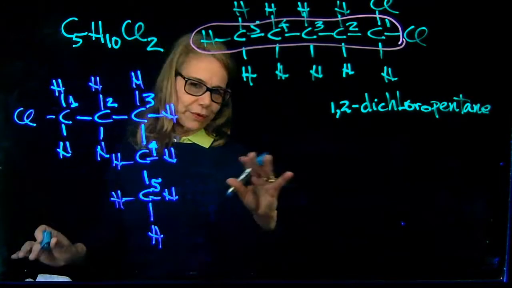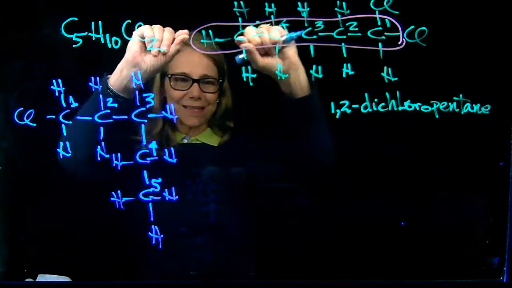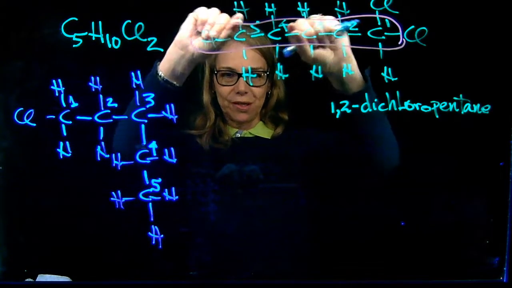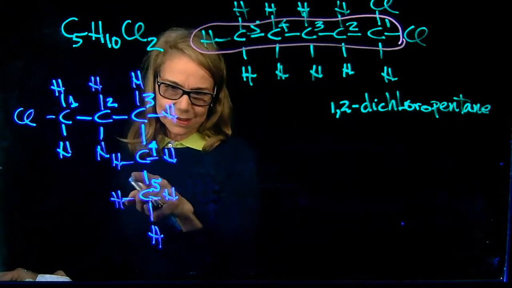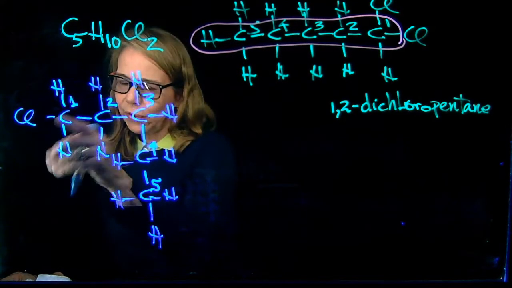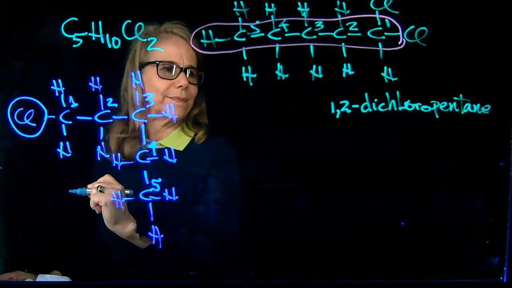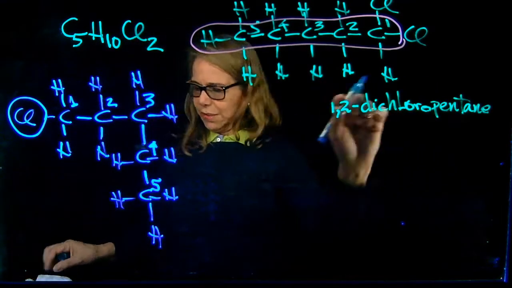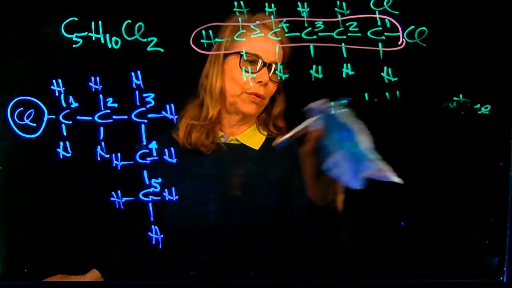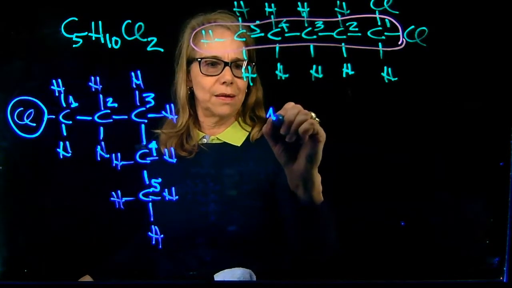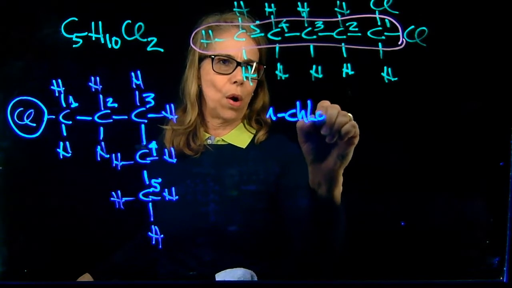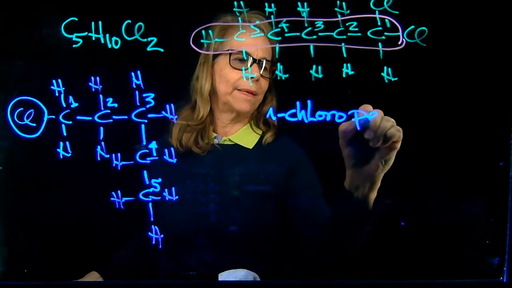There are no branches. It's like if I have this string and I pull it and bend it, and this is exactly what I did here. Now, chloro is still attached to carbon 1. So this name does not correspond to a new molecule. It was a molecule I had before. The name of that is what we said before, 1-chloropentane.